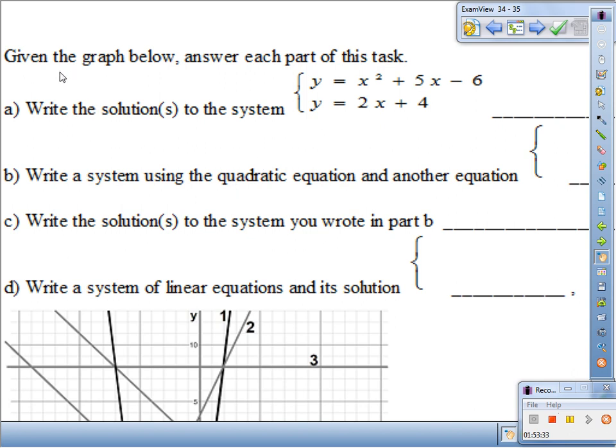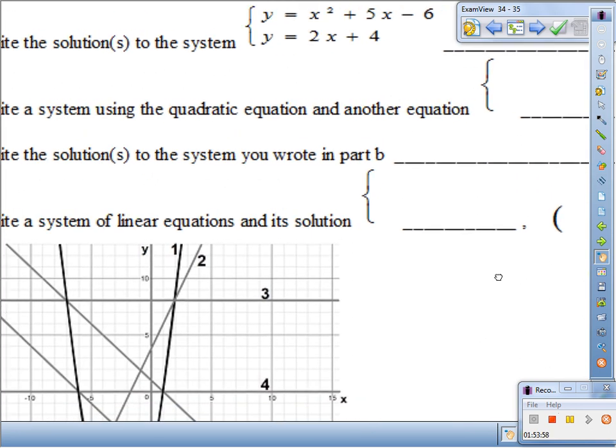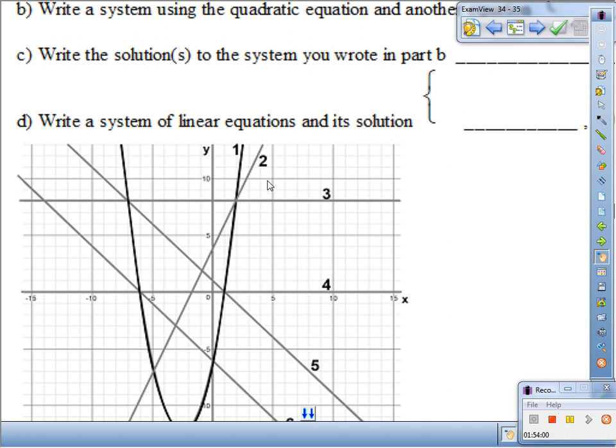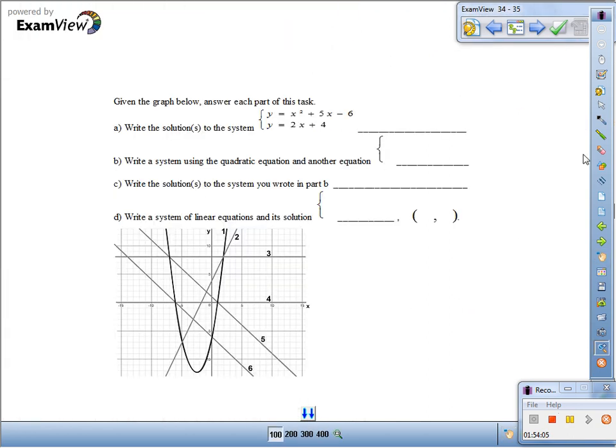It says, given the graph below, answer each part of the task. Write the solutions to the system y equals x squared plus 5x minus 6 and y equals 2x plus 4. Well, first of all, we know that the first equation is for the parabola, yes? So that is, let me zoom out really quick, sorry. That is line number 1.